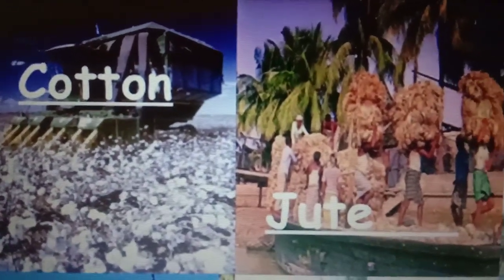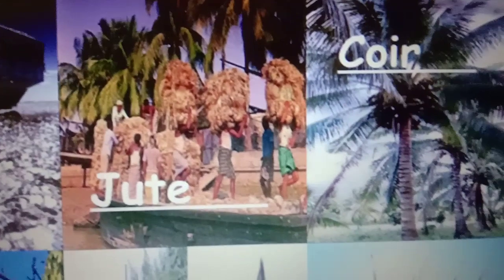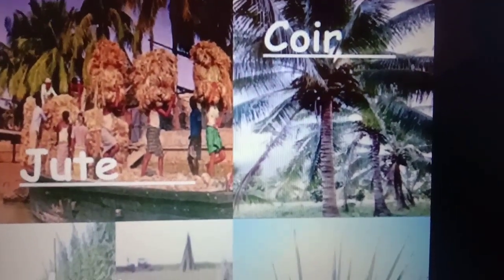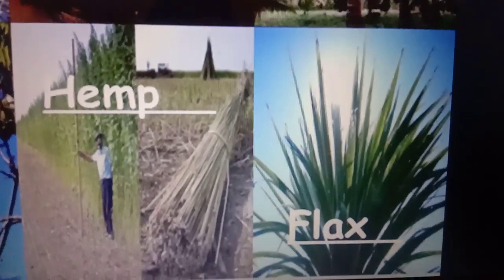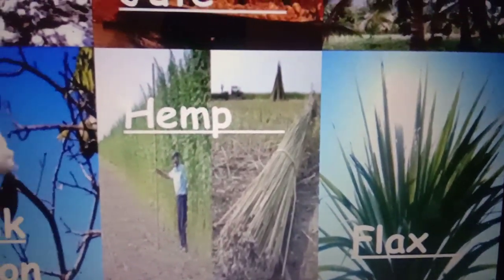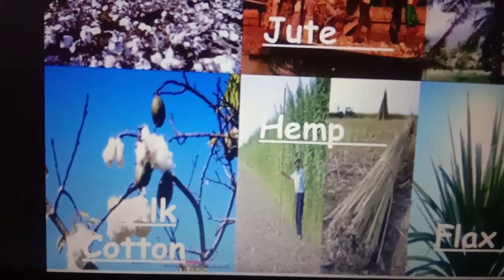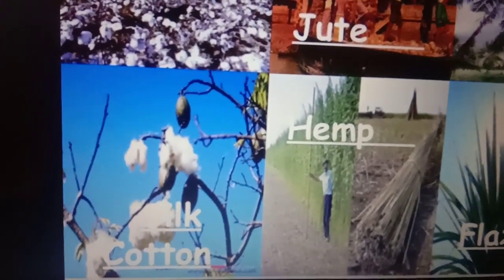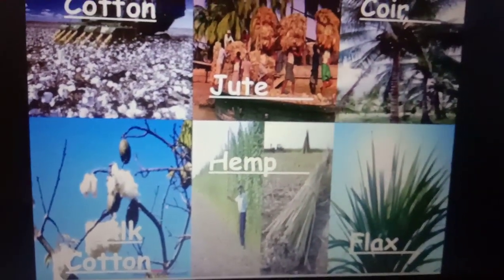The fibers which are obtained from natural sources like plants and animals are called natural fibers. The examples of natural fibers are cotton, jute, silk, wool, and flax. Cotton, jute, and flax are plant fibers, and silk and wool are obtained from animals.